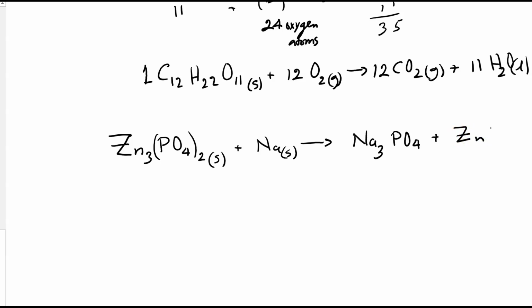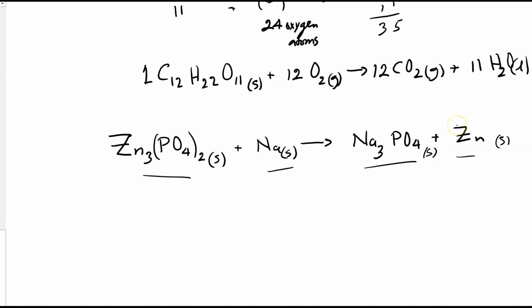Again, we can use the same procedure as we did before. In this case, if you look at the 4 structures, obviously we have zinc phosphate versus sodium phosphate. Zinc phosphate is somewhat more elaborate, more complex. The other two, of course, being solid sodium and solid zinc, are just elements, so they're fairly straightforward.